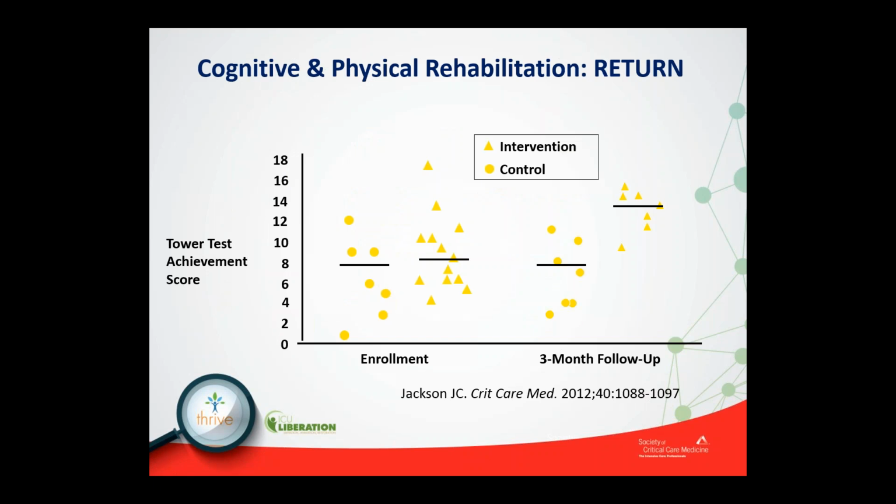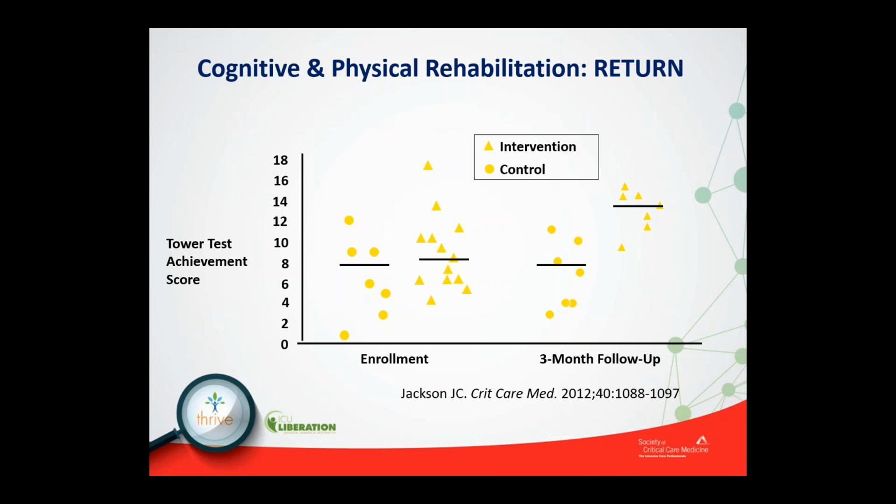The intervention group is the triangles, the control group is the circles. So what you'll note is that when you look at before and after, there were really no changes in the control group, but quite dramatic changes in the intervention group. They improved dramatically on a test of executive functioning after the intervention.